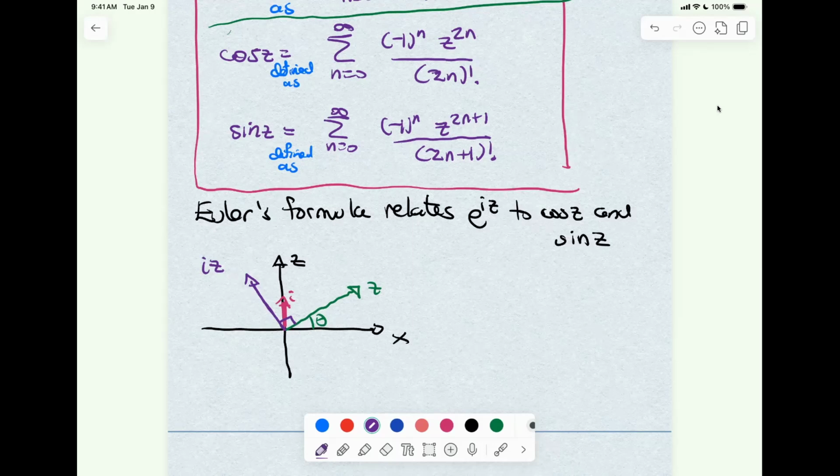So it's the same length. So i times z is rotated by 90 degrees counterclockwise. So what is i times z? It's a 90 degrees counterclockwise rotation of z, with the same length.